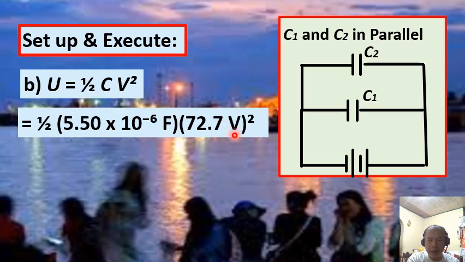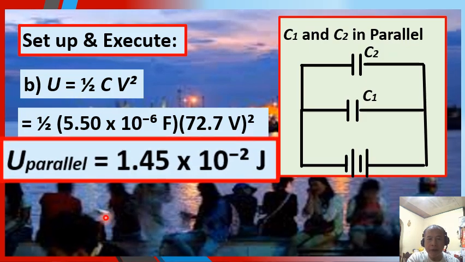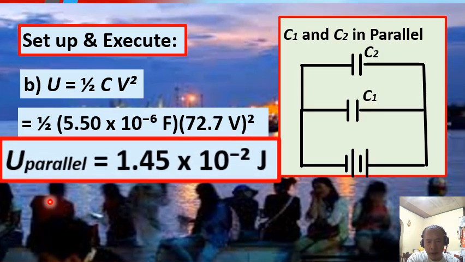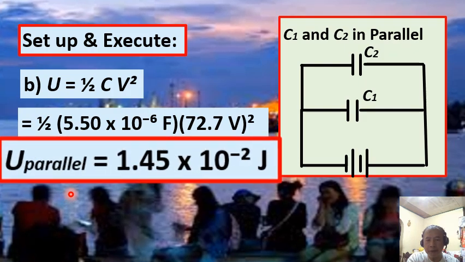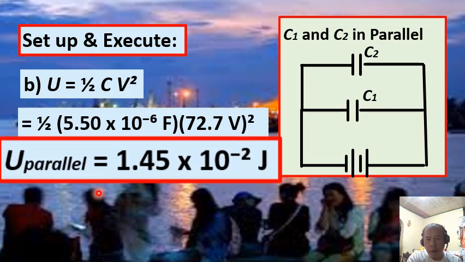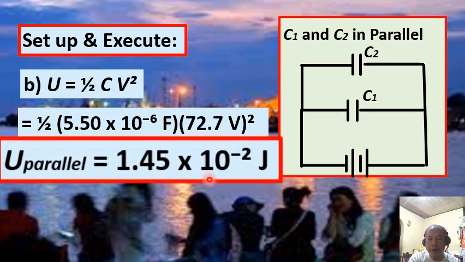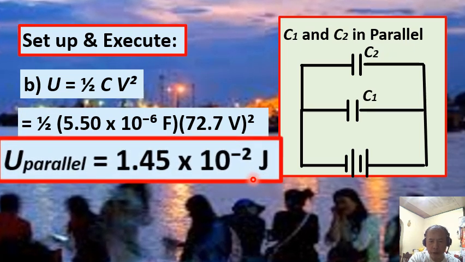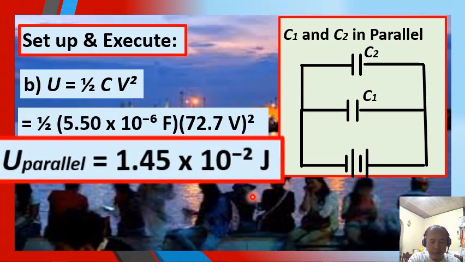So once again, when we do our math, we arrive at the value of the amount of stored energy equal to 1.45 raised to the negative 2 joules, also rounded to 3 significant figures.